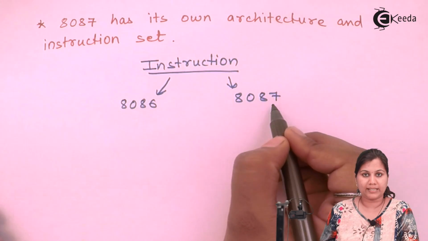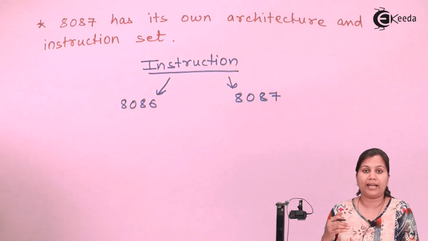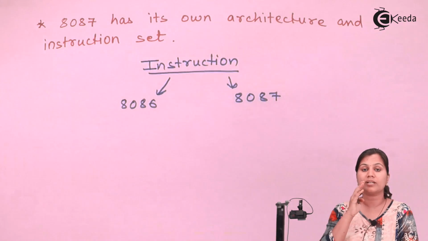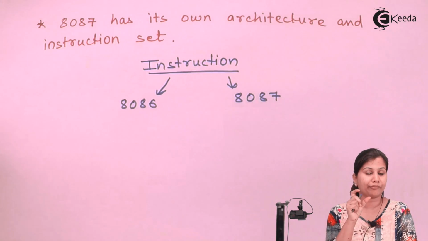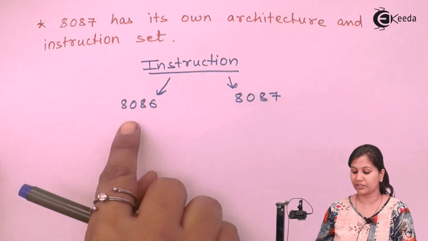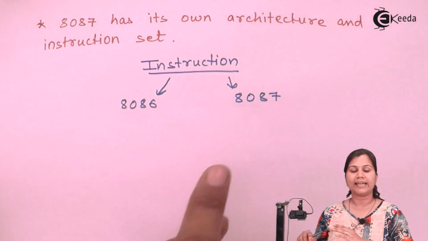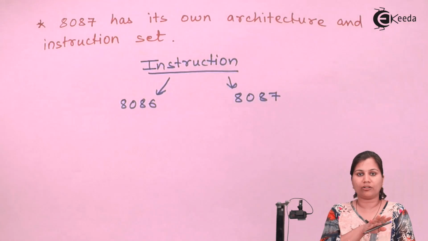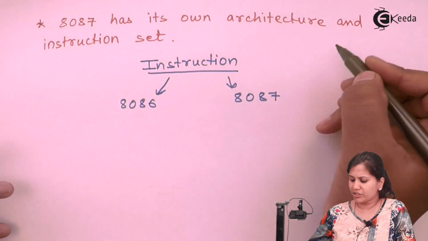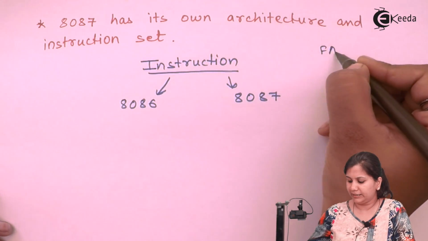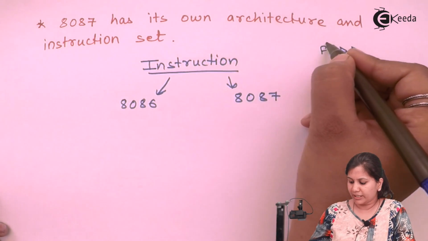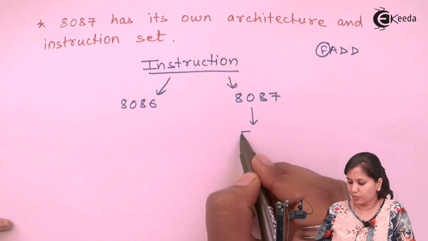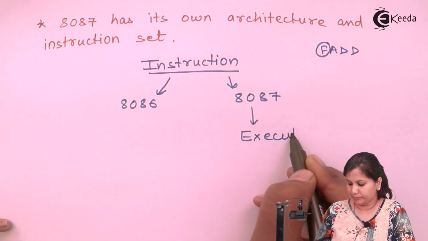When the 8087 decodes that instruction and finds that it is not an instruction of its instruction set, because, as I have told earlier, the difference between the instructions of the 8086 and 8087 is that in the 8087 we have the F prefix, whereas in the 8086 we do not. So suppose it is FADD, it will check that the F prefix is there, and the 8087 is going to execute that instruction.